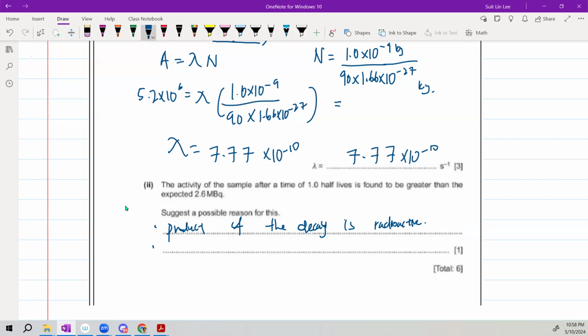Activity and the count rate is the same thing. It means the same thing, because you are counting how many decays in 1 second. So this 2.6 megabecquerel means 2.6 times 10 to the power of 6 counts of decay per second.